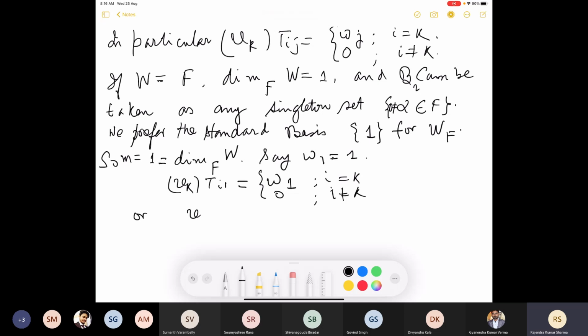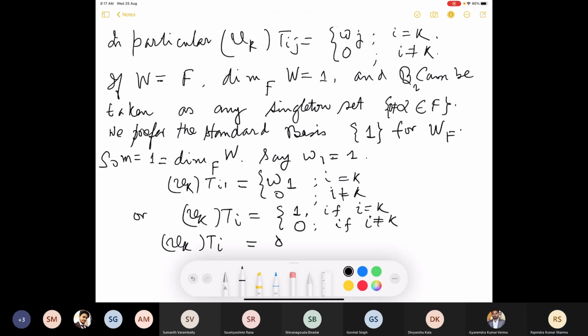So we simply write Vk under Ti. This is now W1, which is 1, if i is equal to k, and is 0 if i is not equal to k. That means Vk under Ti is simply delta ik.